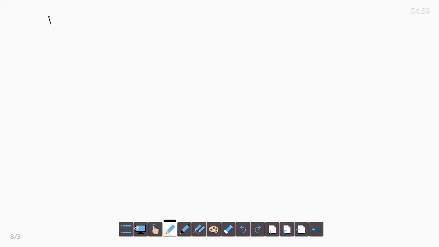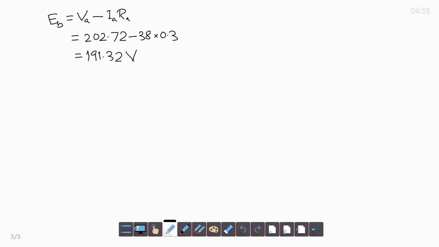Then back EMF EB is VA minus IA RA. VA is 202.72 minus IA, which is 38 rated current, into 0.3. So, it is 191.32 volt.